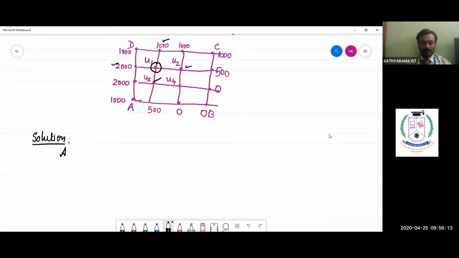As we have seen a few minutes ago, the difference equation is u i comma j plus 1 plus u i plus 1 comma j plus u i comma j minus 1 plus u i minus 1 comma j minus 4 u i comma j is equal to 0. This is the difference equation corresponding to the Laplace equation.